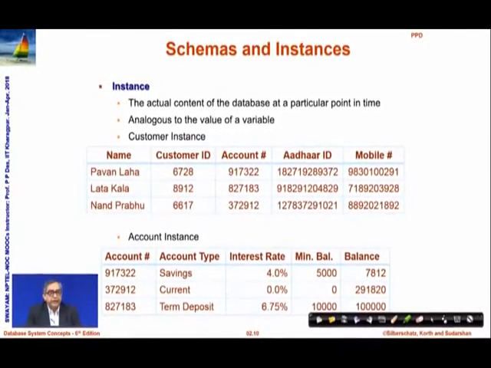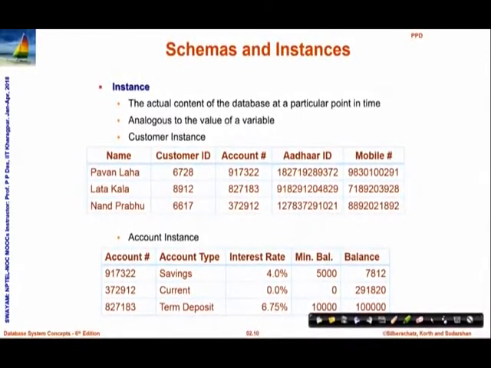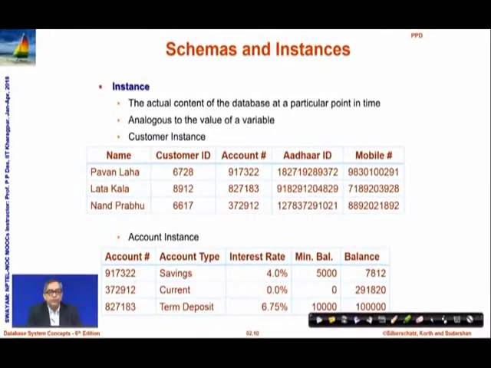Certainly, when we do operations on the database, very regularly new records will get added, some records might get deleted from this instance, and fields of certain records may keep on changing. For example, in an accounts instance, whenever a transaction is done, the account balance will get changed.